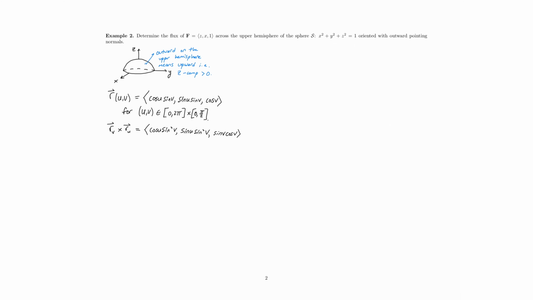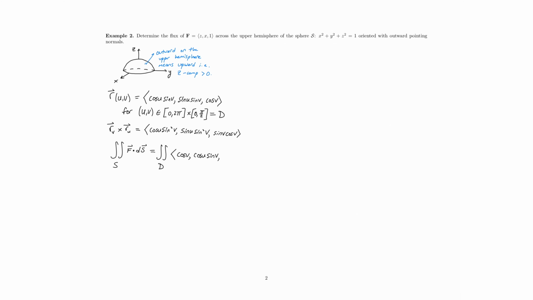So what we can do now is calculate our surface integral F dot dS. This will be the double integral over our parameter domain D, and our parameter domain D is right here. That's what constitutes D. We will take our vector field, which is z, so we'll take the z component of our surface parameterization, cosine v. Then x, so we'll take the x component of our parameterization, which is cosine u sine v.